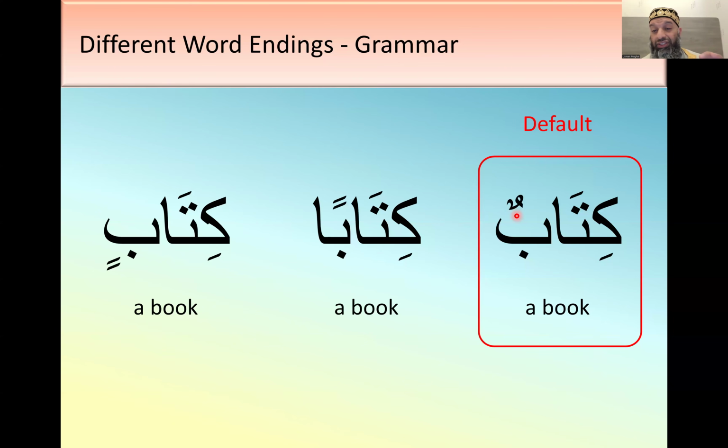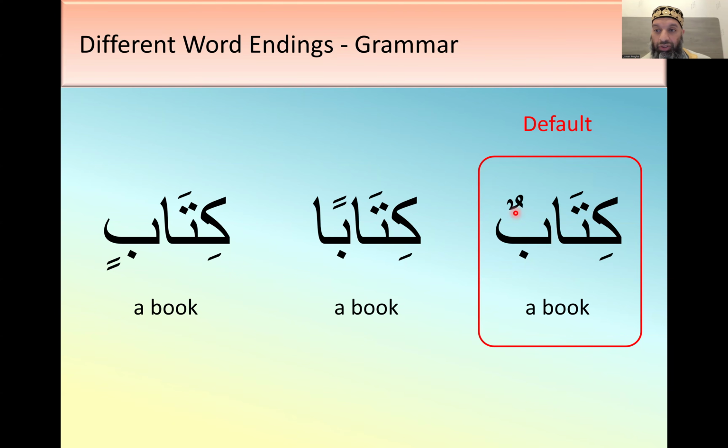Something in the sentence will cause the double dhamma to change to a double fatha, or a double kasra. But the main thing to know, if you were to stop, you would just say kitab. So the main thing I need you to know for this week is that the ending does not change the meaning of the word.